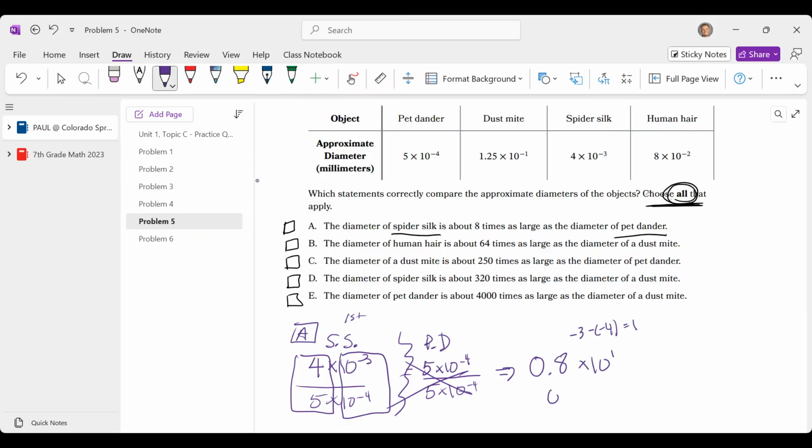This is the same as rewriting 0.8 times 10, which moves the decimal place 1 to the right, which means we end up with a value of 8. So this is saying that the spider silk diameter is about 8 times as large as the pet dander. So what that means is that this is going to be a correct solution.